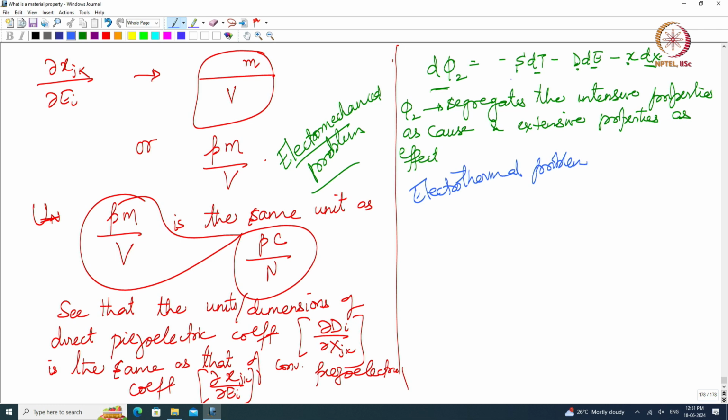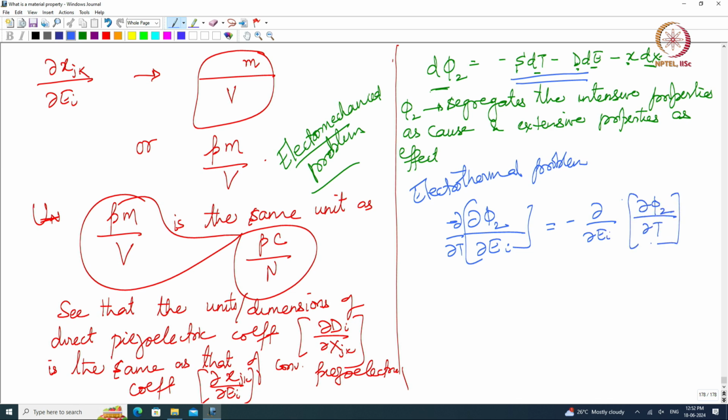Which means I have to consider these two terms. Let me do exactly the same thing: dou phi 2 by dou E I, and then dou by dou T. That should be equal to minus dou by dou E I of dou phi 2 by dou T.